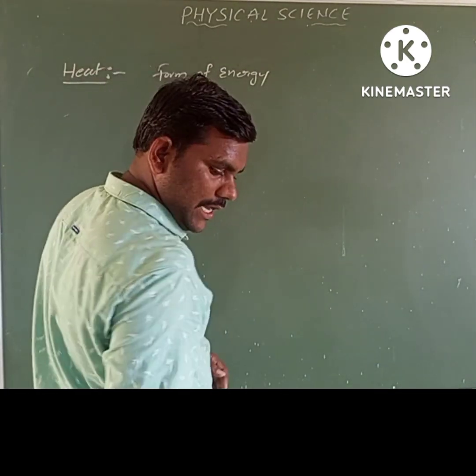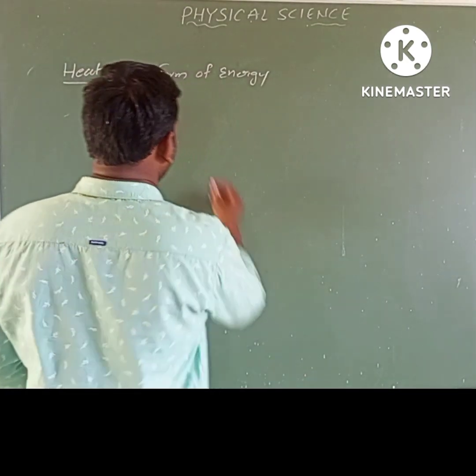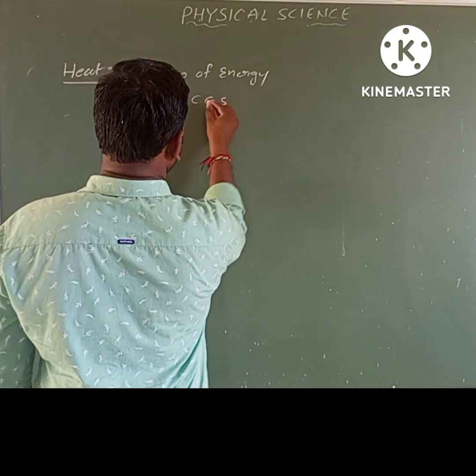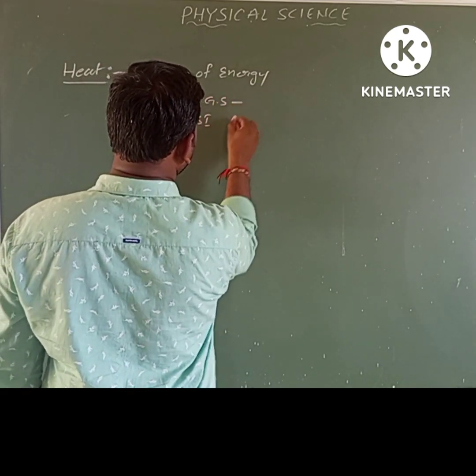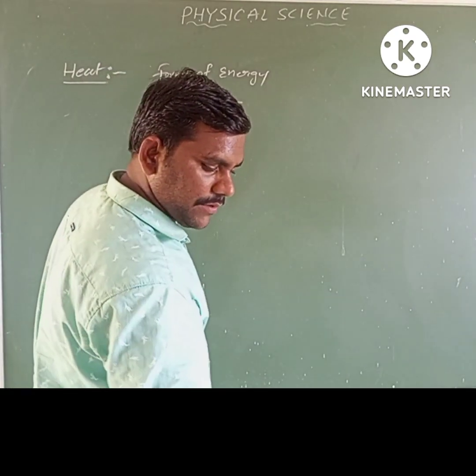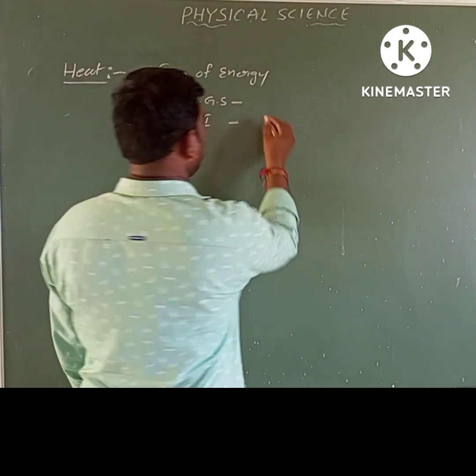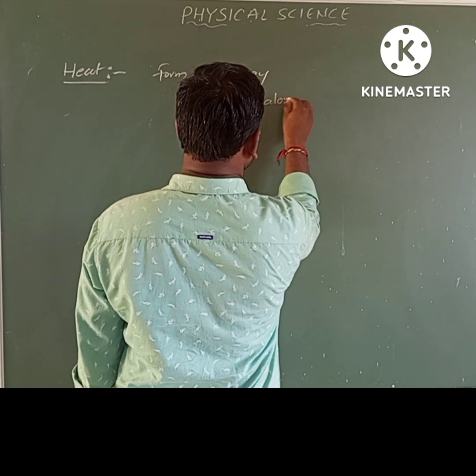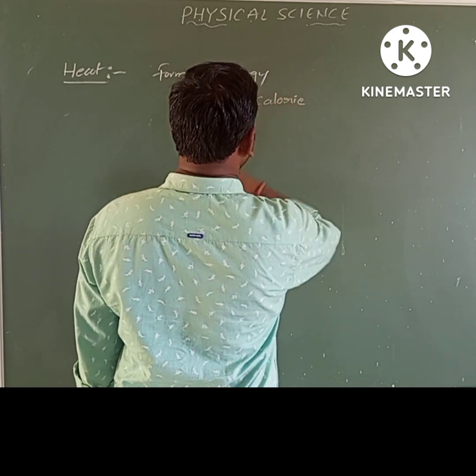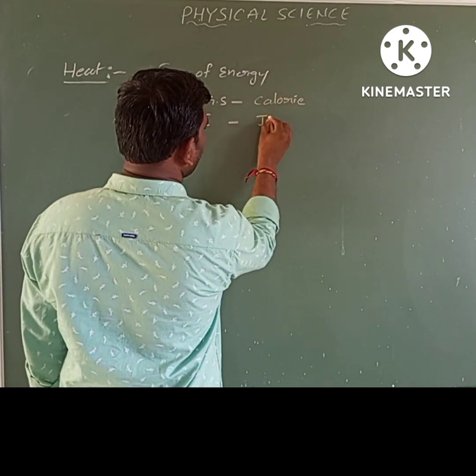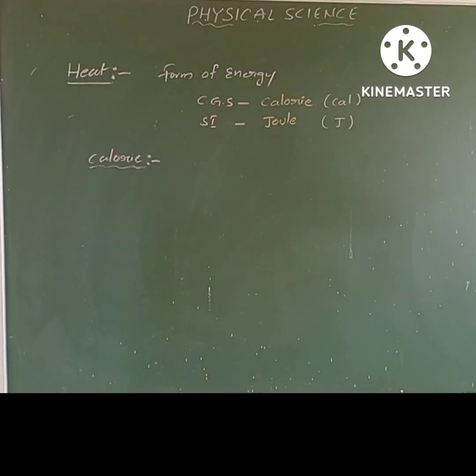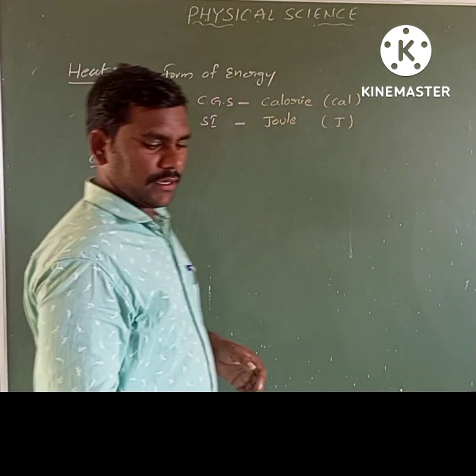Next, what are the CGS units and SI units of heat? The CGS unit of heat is calorie, and the SI unit is joule. Alright, clear?